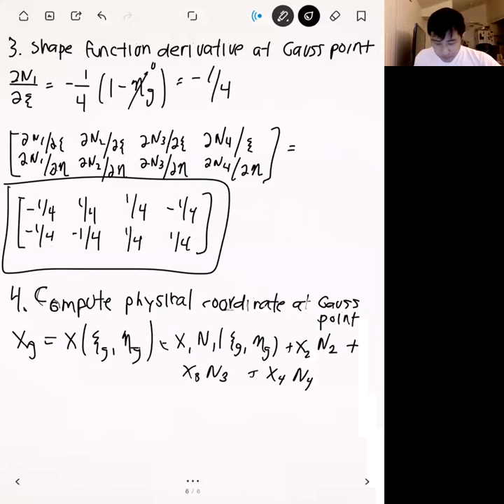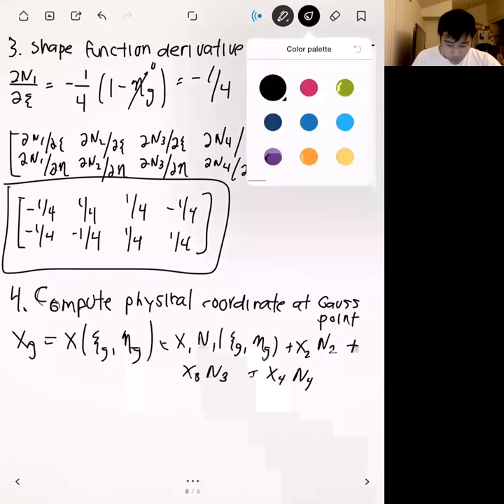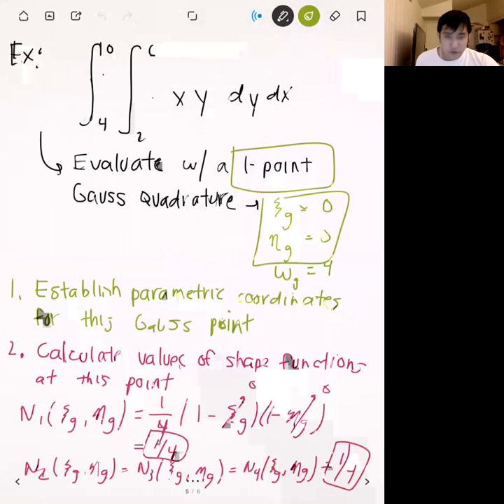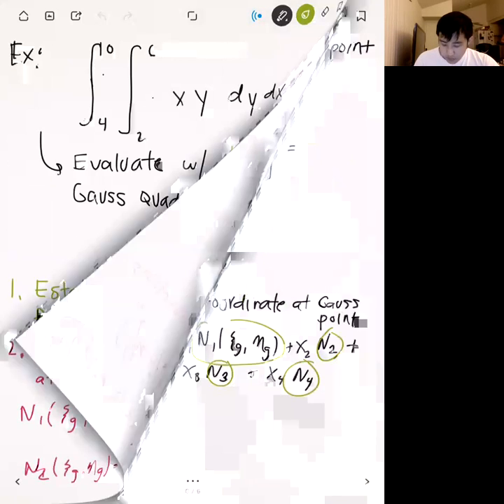All we have to do is plug in, because we have all of these already. All the ones circled in green we computed in step 2, and they're just 1/4 actually. Fairly simple.